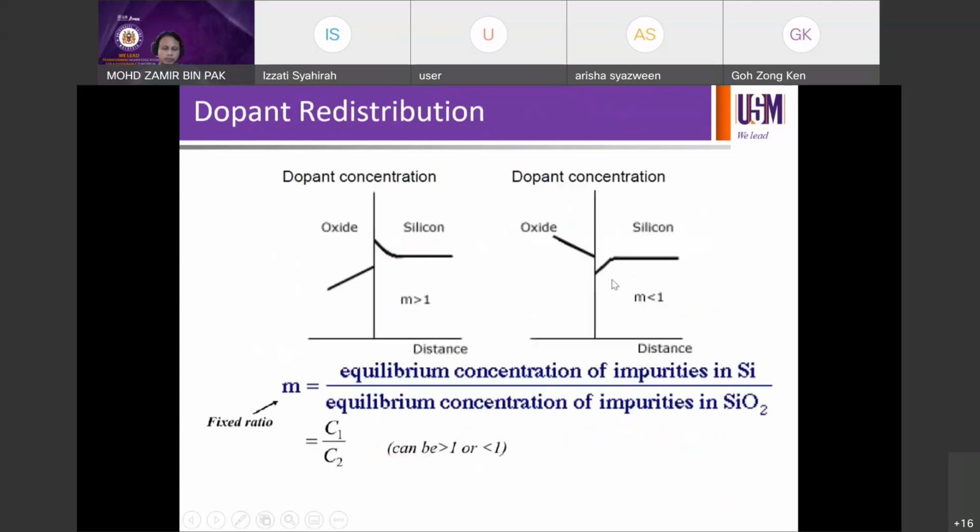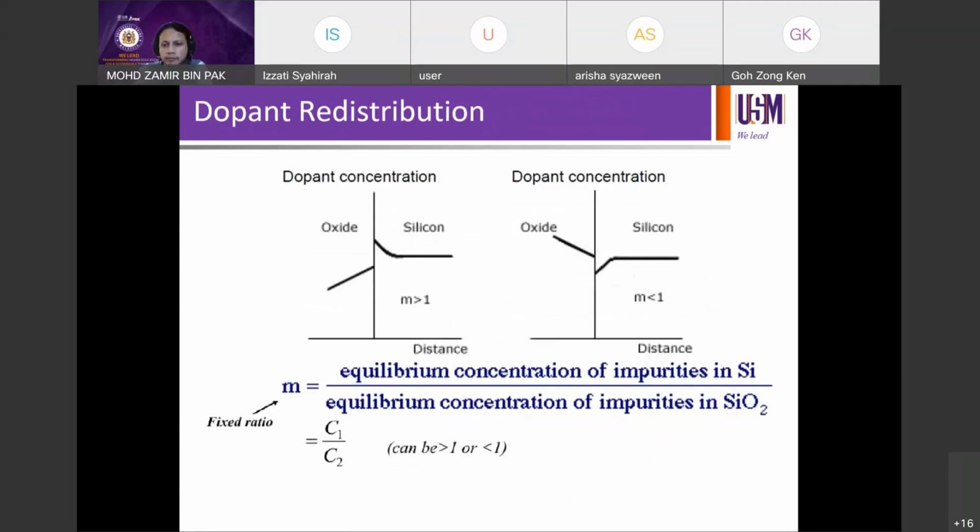Right, another issue when we talk about thermal oxidation is called dopant redistribution. Dopant redistribution means the dopant will be redistributed in terms of its profile as a result of the oxidation process. Okay.